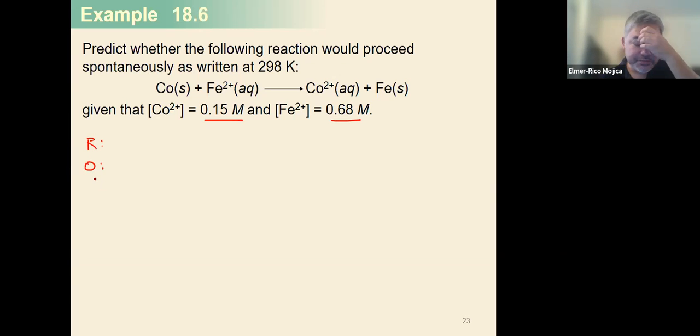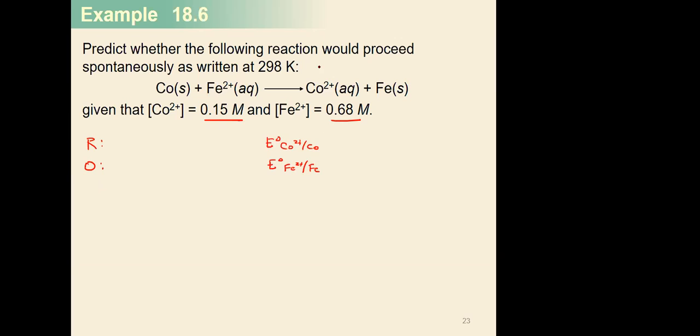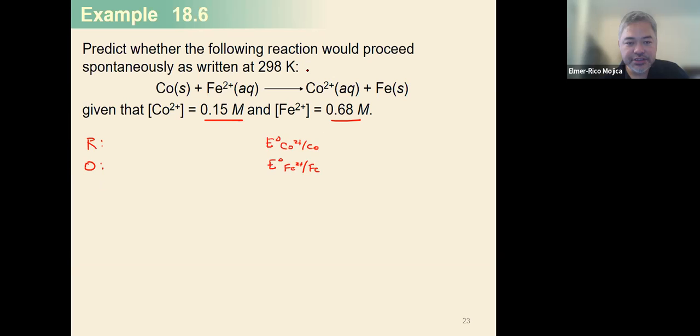Which one is reduced based on the equation? Fe2+ is reduced, and the one that is oxidized is the cobalt.